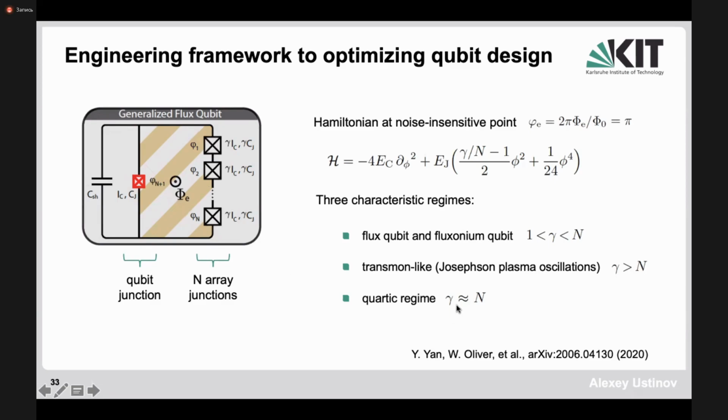However, if you have gamma exactly equal to n, then the coefficient in front of the power 2 term is cancelled to 0, and you're left with the power 4 term. Power 4 term is sort of moving from a harmonic potential into a rectangular box potential. So it's the first step where you are getting a more flat bottom and then steep rising edges.